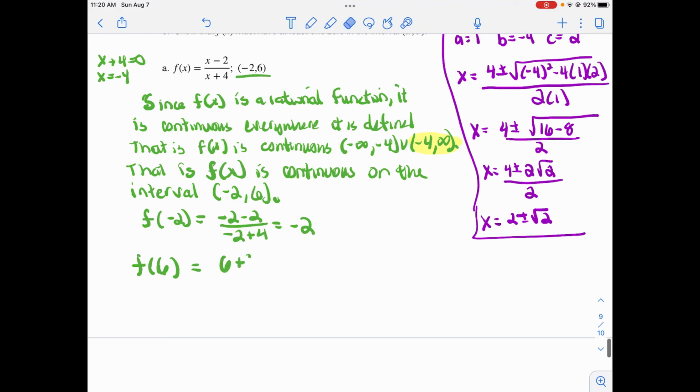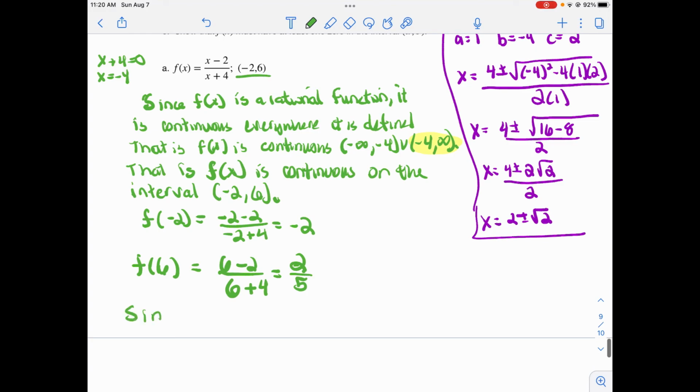Oh, that should be a minus sign. That gives us 2/5. 0 is between negative and positive, so yes.